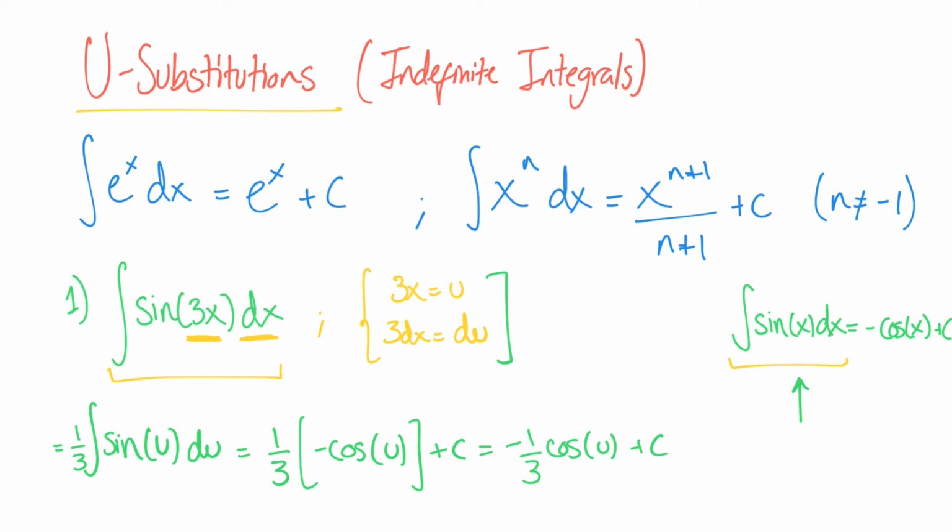So I'm almost done here. I solved the integral, but my original integral was not in terms of u, it was in terms of x. So I need to go back. Very simple. I look again at the change of variables that I made before, and I said u was 3x, so this is going to be negative 1/3 of the cosine of 3x plus c.